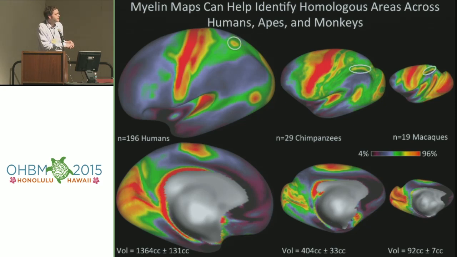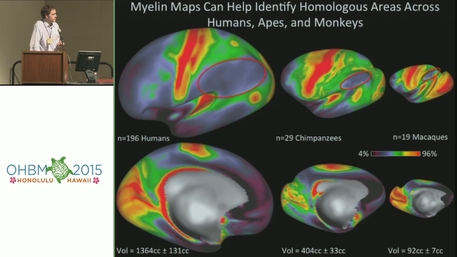So in monkeys, this is the LIP VIP complex, and we see something that seems to correspond across species, which is why we think this might be the human LIP VIP complex. Also, we can see these very lightly myelinated regions in black, in dark purple, anterior insula, anterior cingulate, and temporal pole across all 3 species.